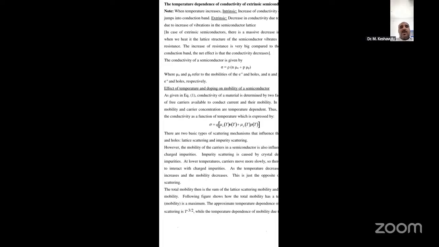Effect of temperature and doping on the mobility of semiconductors. If we dope with other elements in place of pure silicon and germanium, the conductance will vary as a function of temperature.